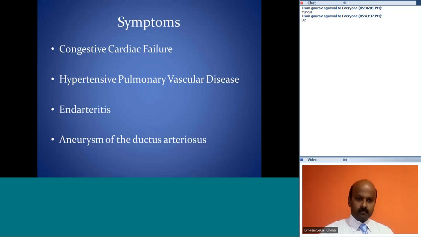Endarteritis is a very rare complication of patent ductus arteriosus with an incidence of about 1%. Fortunately, not seen very commonly nowadays.